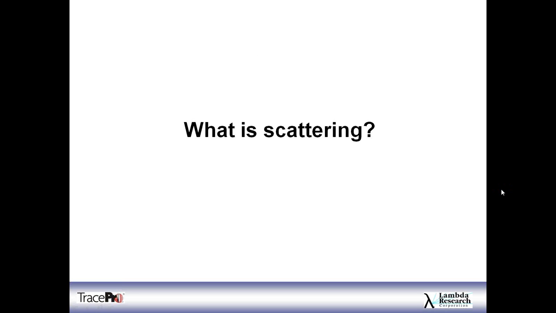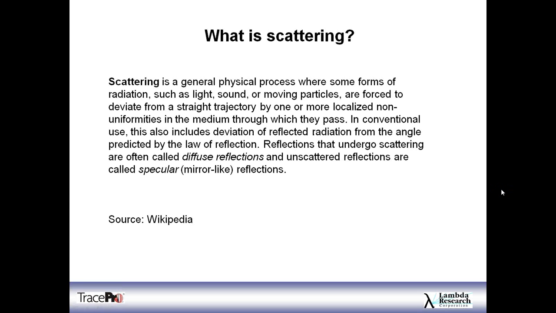So, what is scattering? I actually got this definition from Wikipedia, and in this case it seems to be a good one. Scattering is the general process where some forms of radiation, in our case with TracePro, light, are forced to deviate from a straight trajectory by one or more localized non-uniformities in the medium through which they pass, or in the case of surface scattering, the surface they interact with.